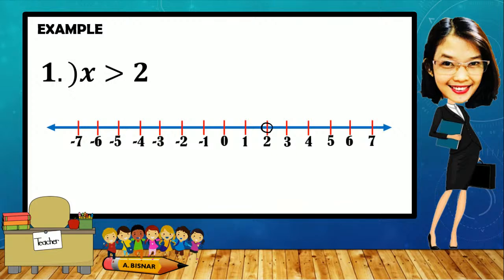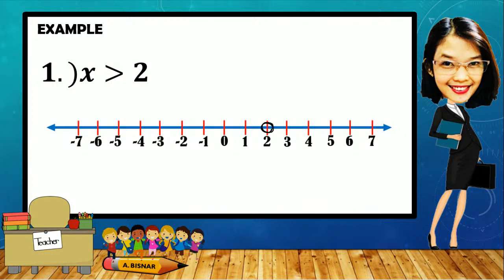Because 2 is excluded. Hindi kasama yung 2 sa sagot. Okay, tandaan. If it's excluded, then you have to use a circle with no shade, kasi hindi siya parte ng solution.